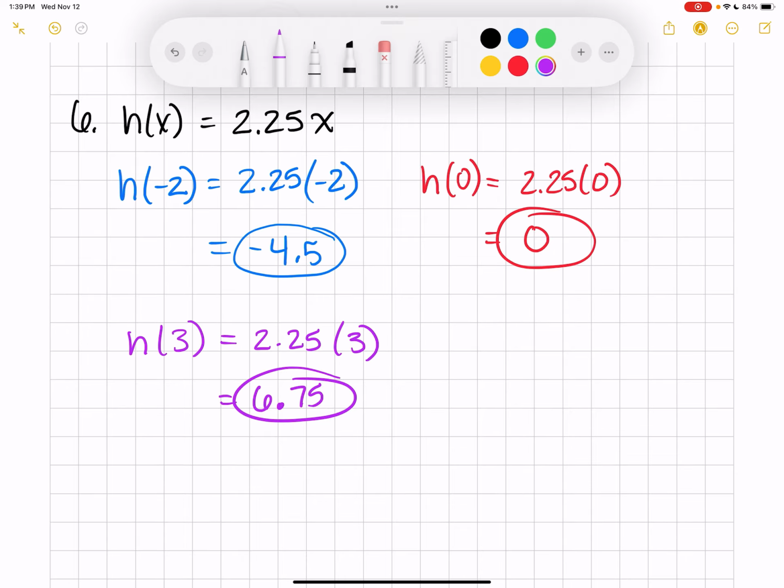All right, we're going to do a little bit more with that, but in a slightly different context. Now we're going to work the opposite way. They're going to tell us what our function's equal to, and we're going to solve for x.